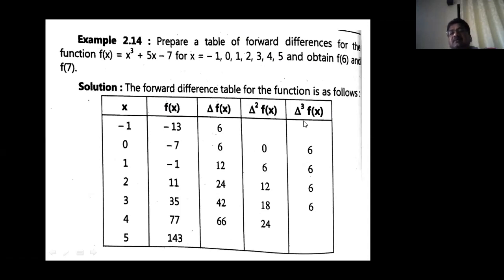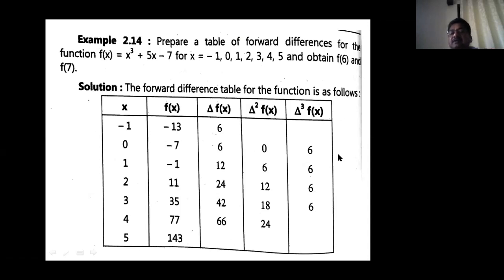But we terminate this table at delta cube, because if all the values are the same in any column, here we observe this column, all the values are same, 6, 6, 6, there is no need to construct further columns. What is the next column? Delta raised to 4 fx.